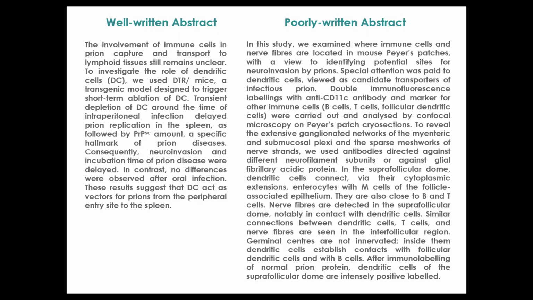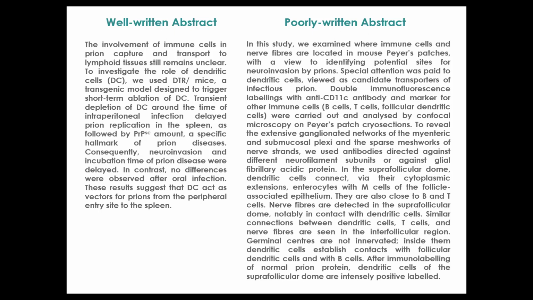So right off the bat, why is this study important? "The involvement of immune cells in prion capture and transport to lymphoid tissue still remains unclear." Right away, we know what problem they're trying to address. "To investigate the role of dendritic cells, we used DTR mice, a transgenic model designed to trigger short-term ablation of DCs.